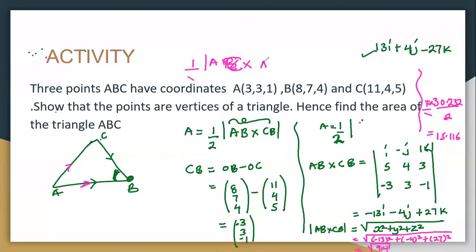Yes, you get the same answer. Then I got negative 13i minus 4j plus 27k. Yes, that is very okay.